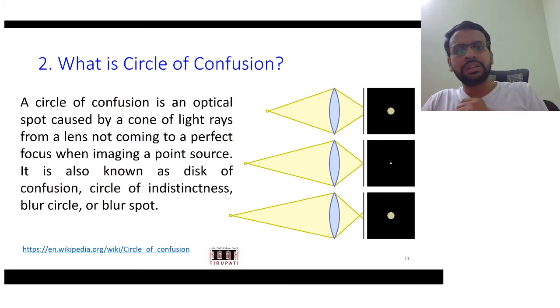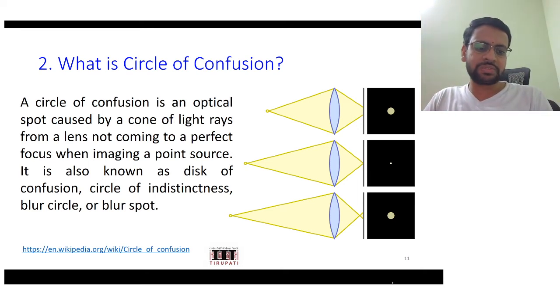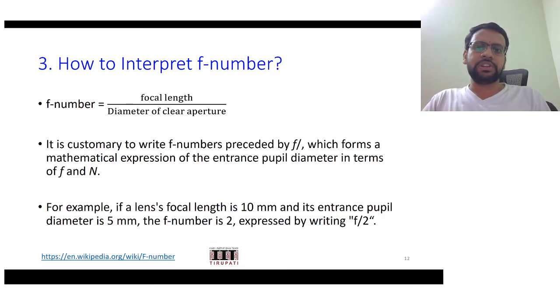And that's the reason this is blurred. You don't really know where exactly that point contributes and doesn't contribute, where it gets focused, so there is a confusion here, and this is forming a circle, so you call it a circle of confusion.